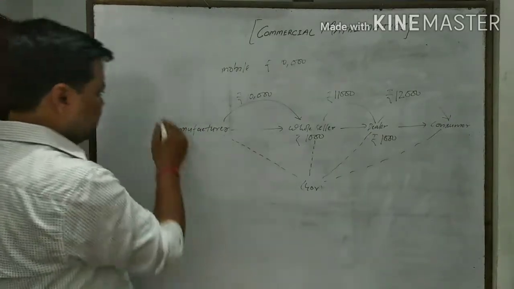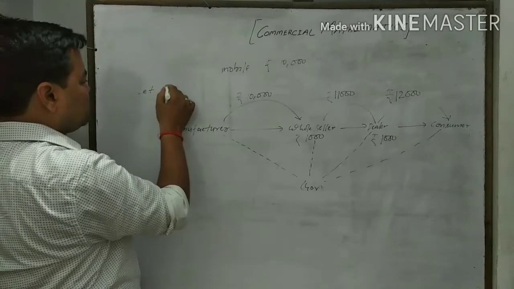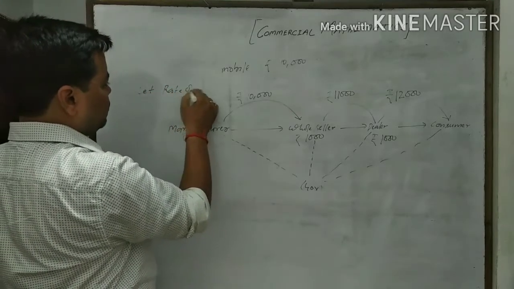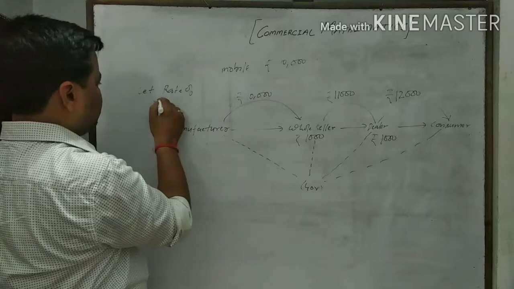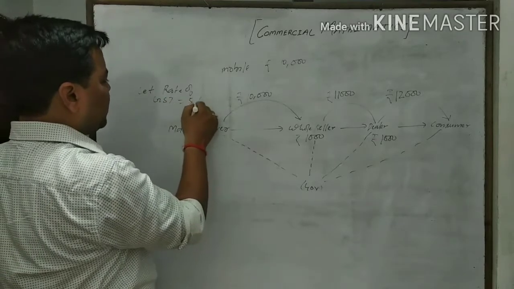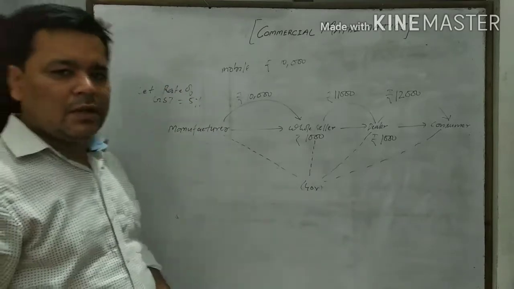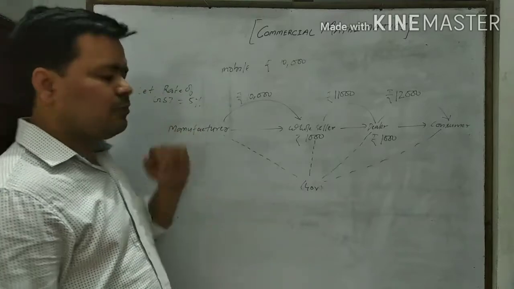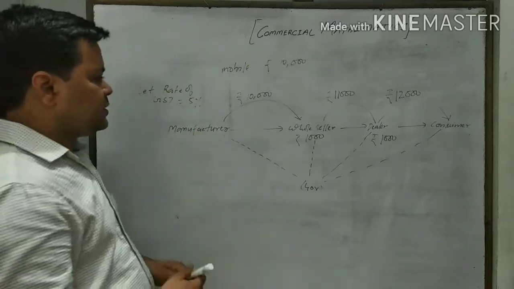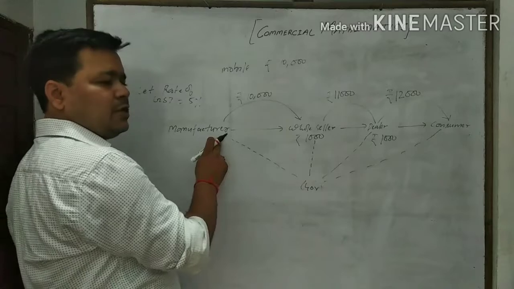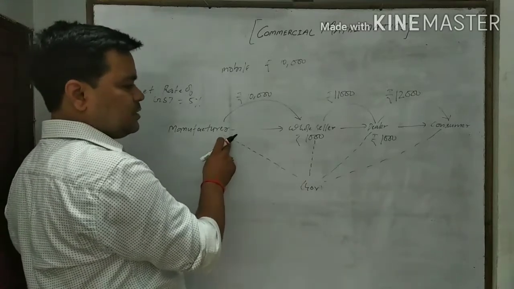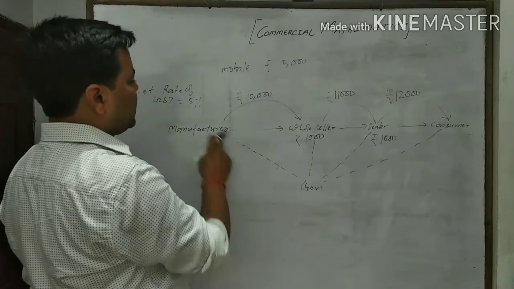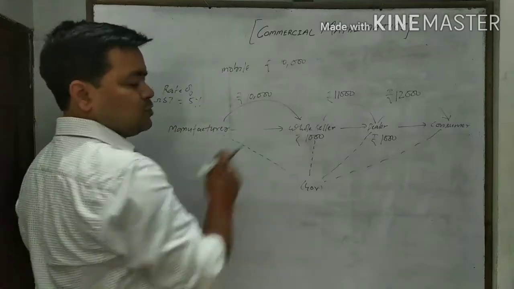But let the rate of GST be 5%. In that case, the manufacturing company will collect GST at the rate of 5% from the wholesaler.